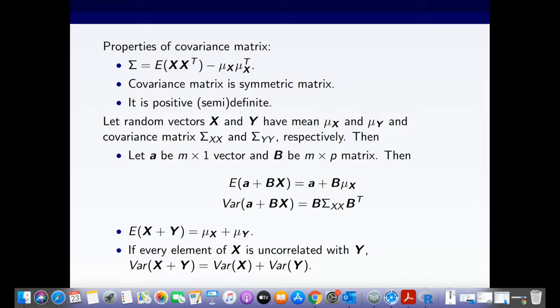Our matrix b is n times p, and x is p by 1, so this a plus bx should be an n times 1 vector, right?